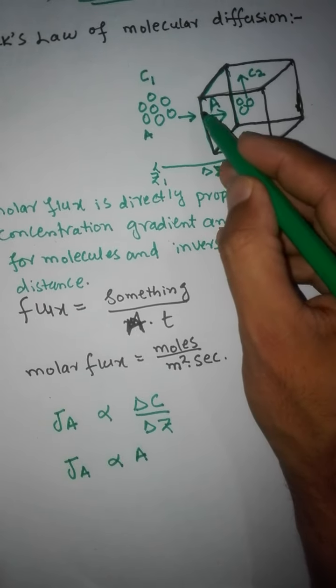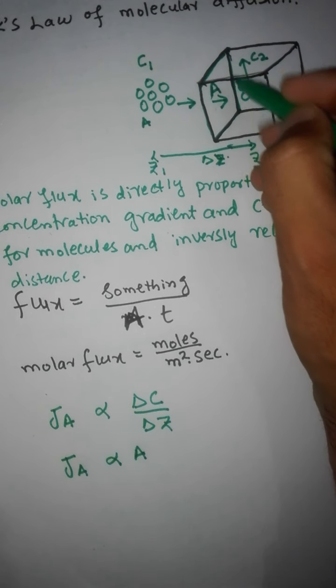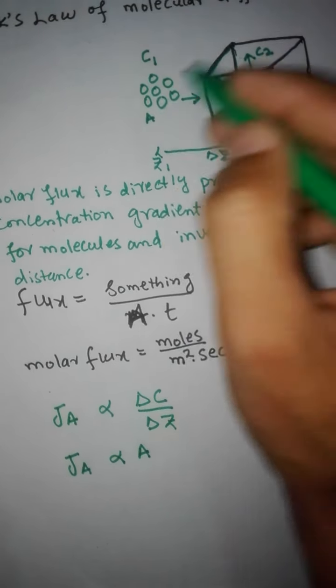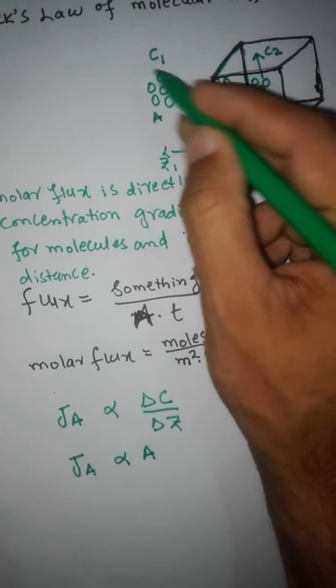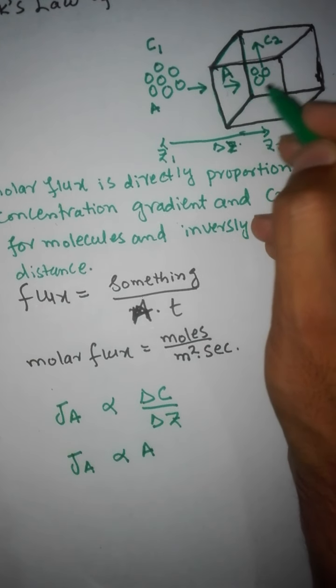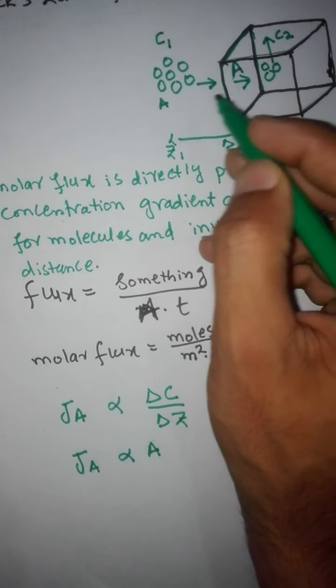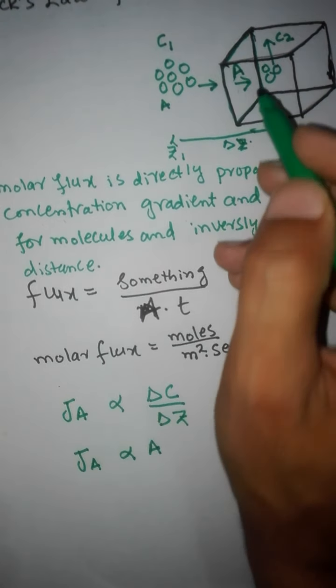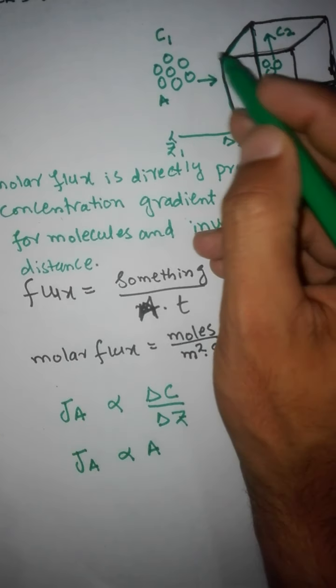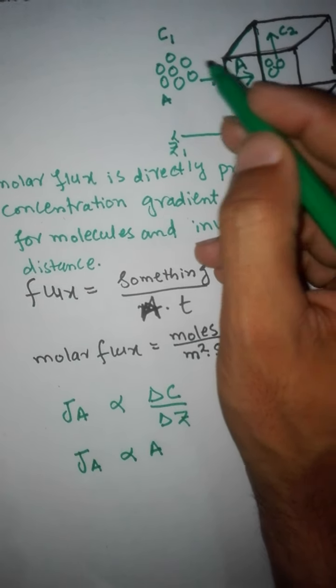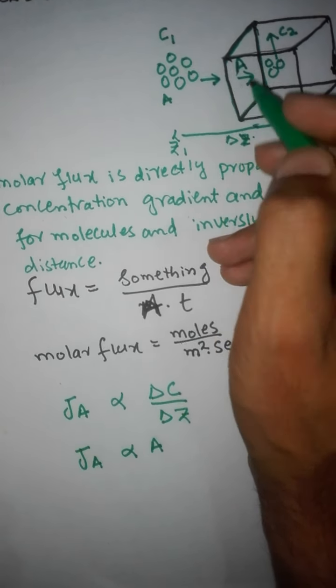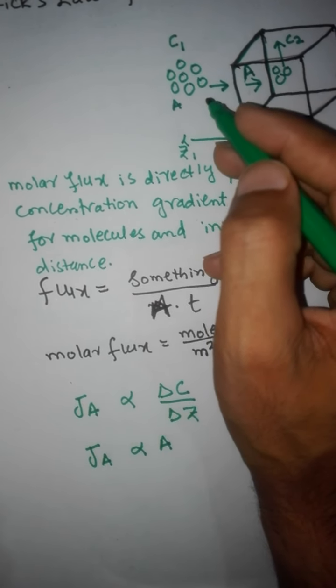Now, if we increase this cross-sectional area, then the flux will increase. Similarly, if the concentration here is very large and the concentration there is very small, the gradient will be large, and as the gradient increases, the molar flux will also increase.